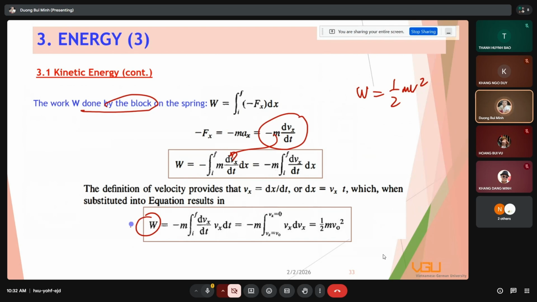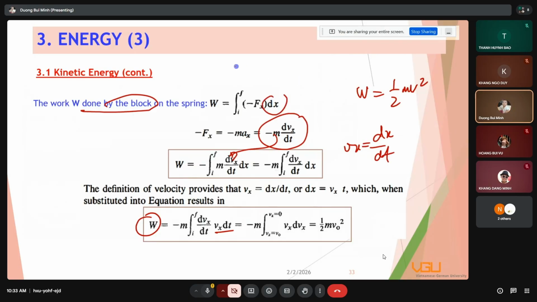Now we just calculate the integration. We have minus m dvx over dt times dx, because vx is dx over dt. Look here, this is dx.